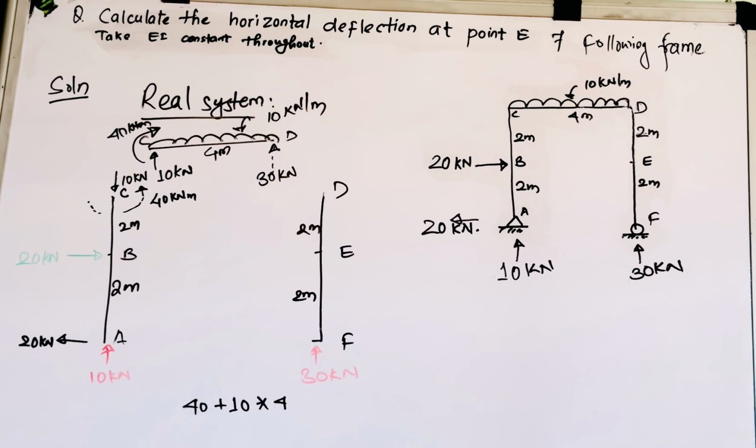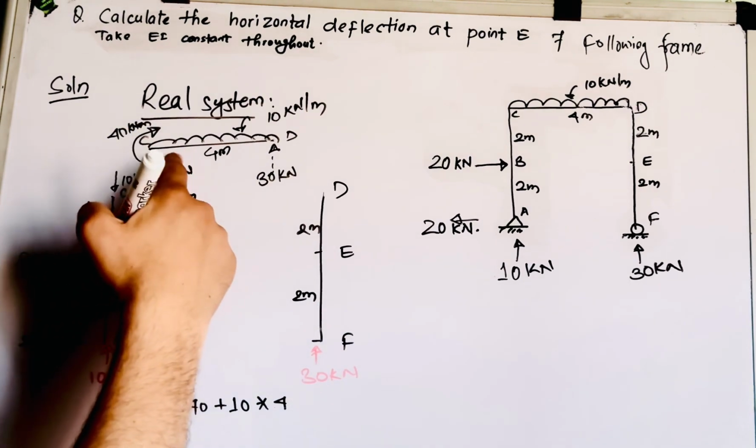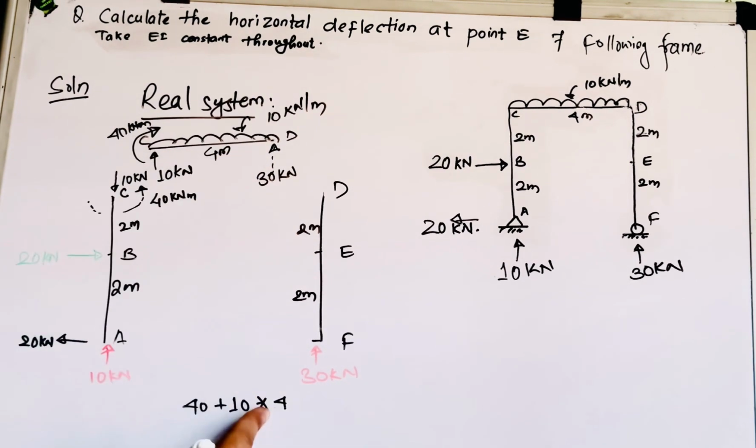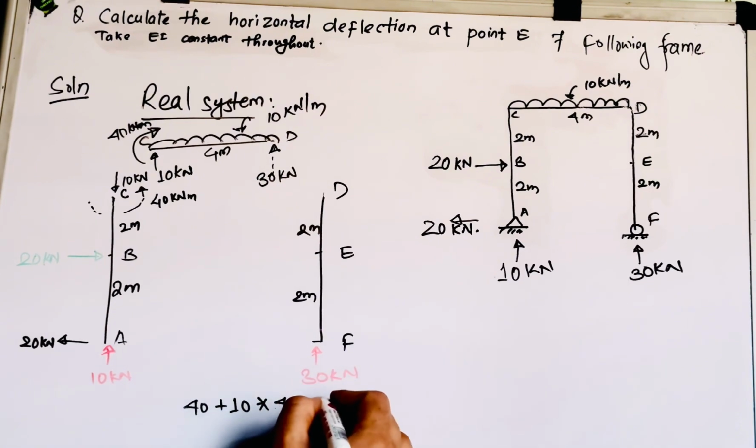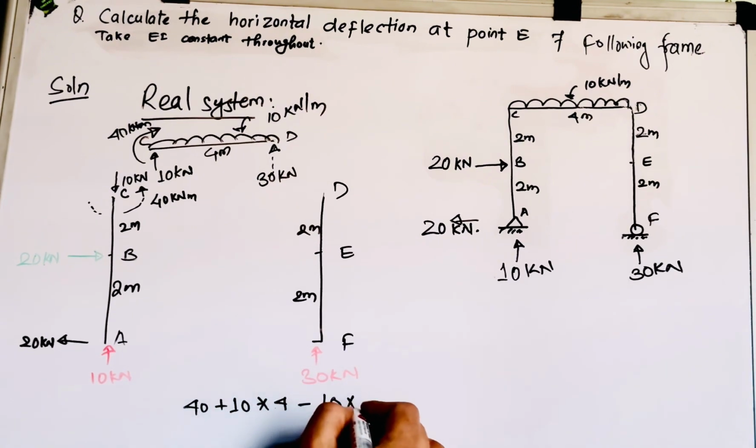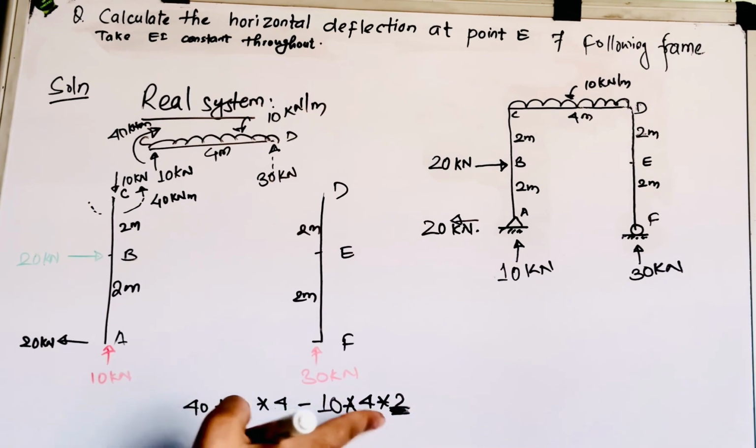So 40 is clockwise, minus 10 into the distance of the point of application of the force, which is 2, right? So 40 plus 40, 80, minus 80, 0.